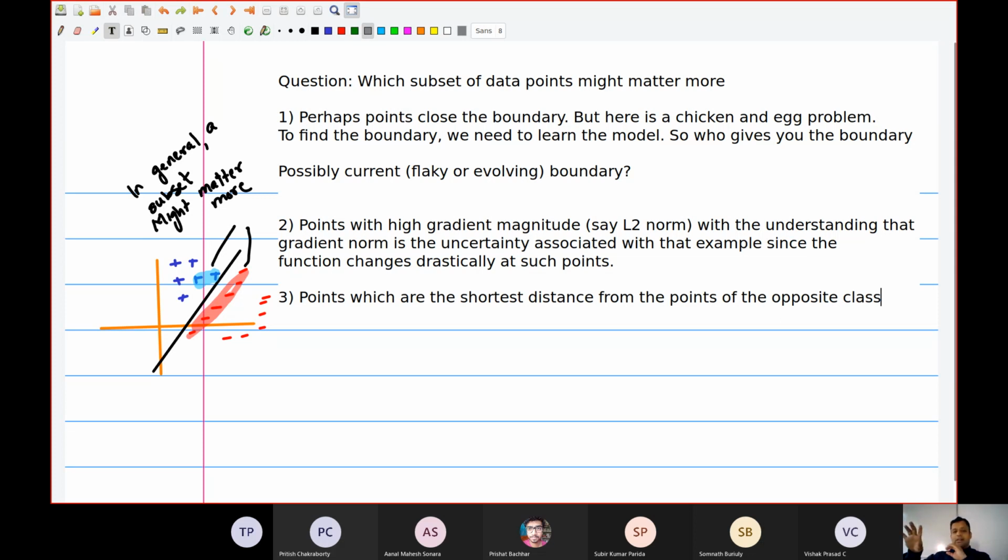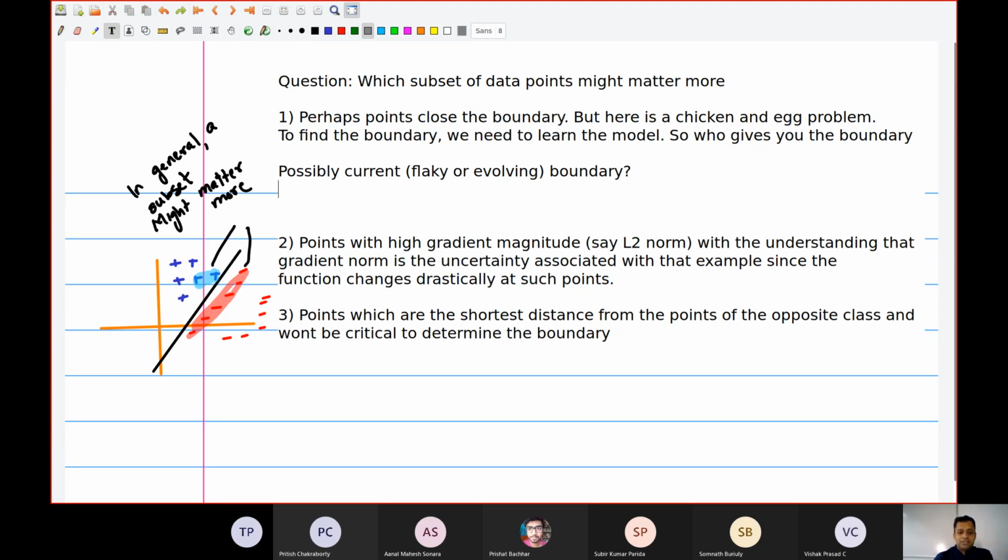So they won't be very critical to determine the boundary, and hence are not required. And so, let me just tell you about each of these, right? Points close to the boundary are the ones which you're trying to select.